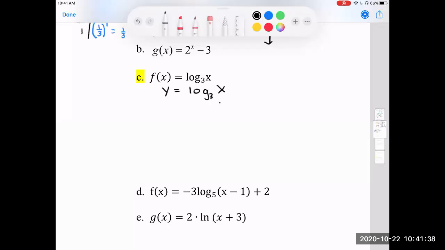Now, if you ever get stuck, I don't think I talked about this in the lecture, you can rewrite it to exponential form. Wouldn't this just be 3 to the y power equals x? So it kind of is an exponential function in disguise, in case you get stuck. But that's not how we teach in the lecture, I think.